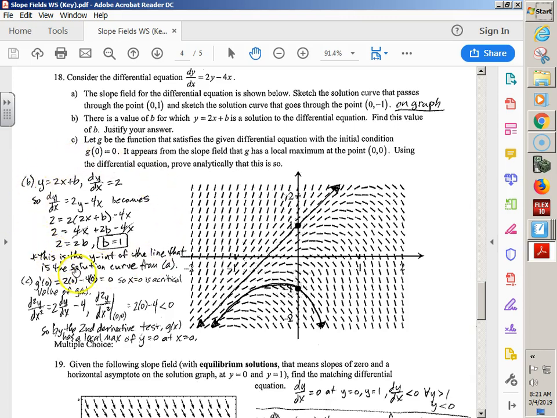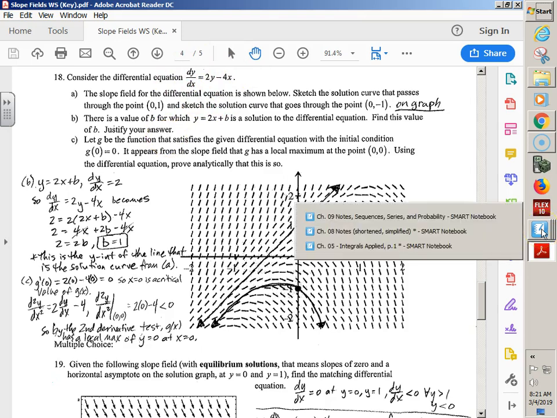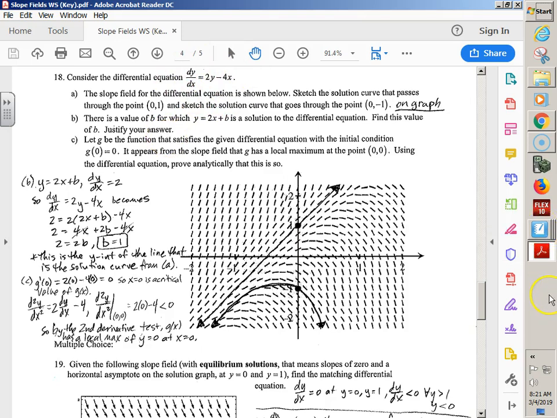But I gave a hint on letter B. This was the one that I thought was trickiest out of the whole worksheet, which is why in the notes packet on Friday, I went over that other one where I said, even though there's a differential equation, watch the video from Friday if you got stuck, and they talked about a solution to the differential equation, they did not ask you to solve, because this is impossible, bless you, to solve by hand.